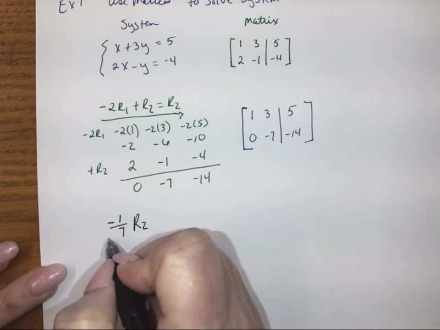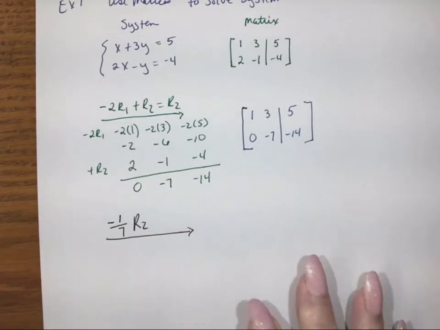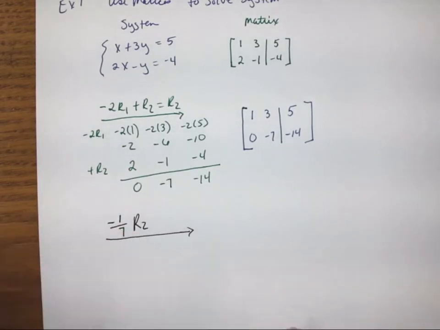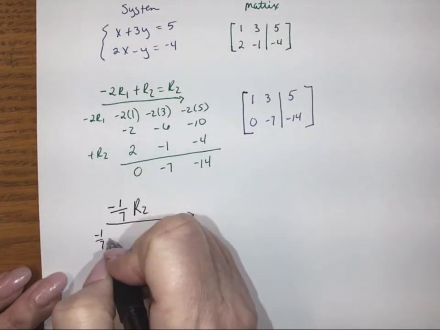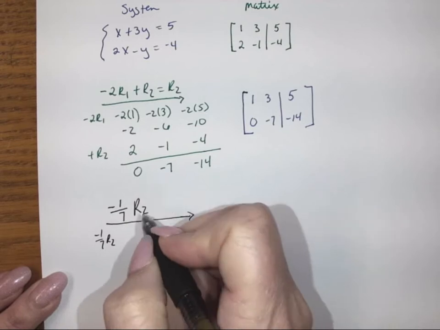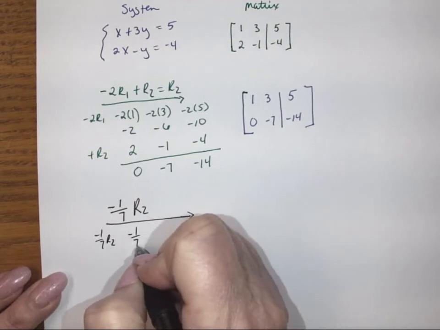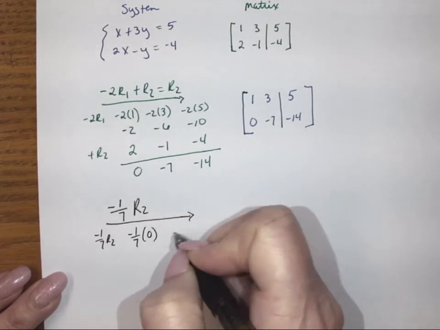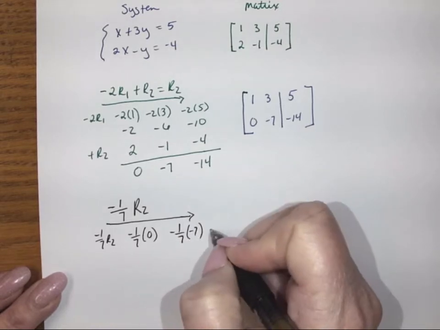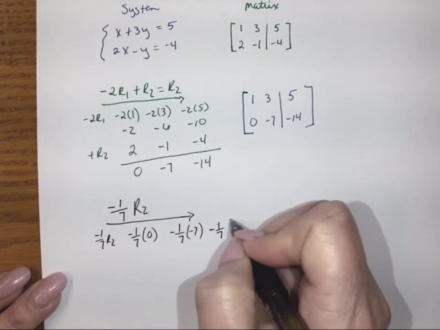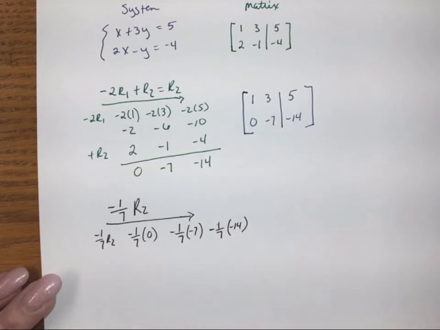And that'll get us our new row 2. Since we're only dealing with row 2, I'm not going to write equals row 2. So negative 1/7 times row 2 will get us negative 1/7 times 0, negative 1/7 times negative 7, and negative 1/7 times negative 14.